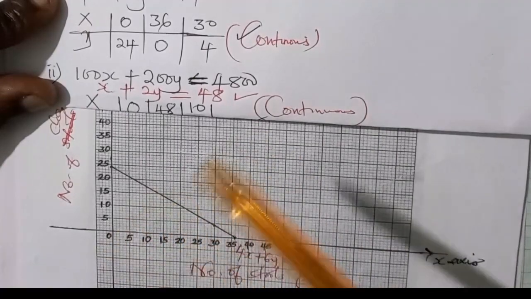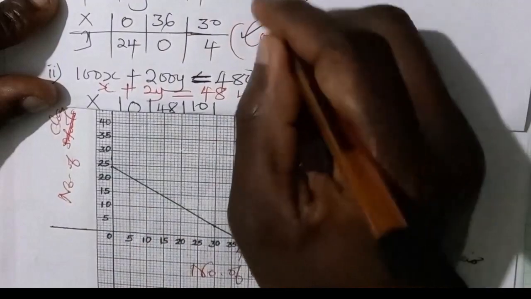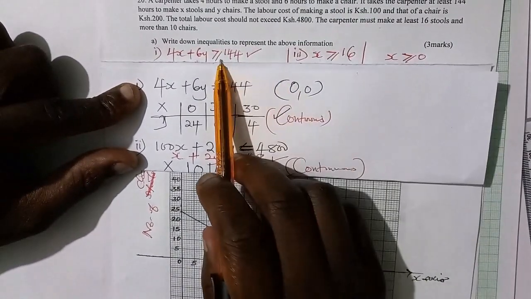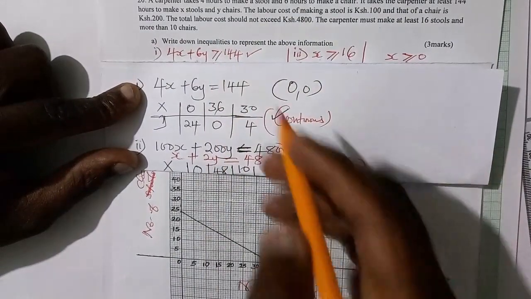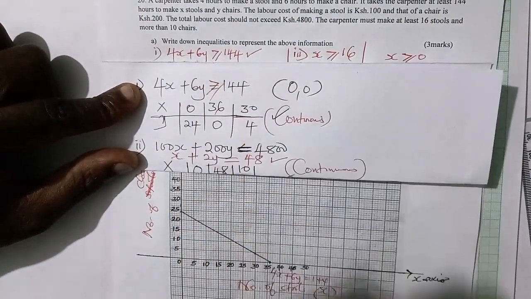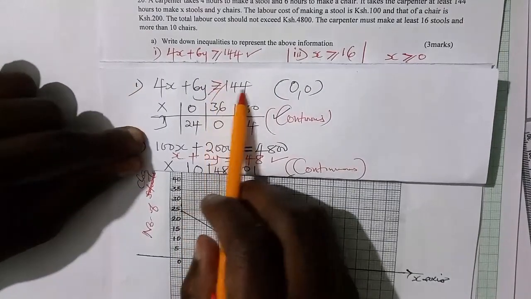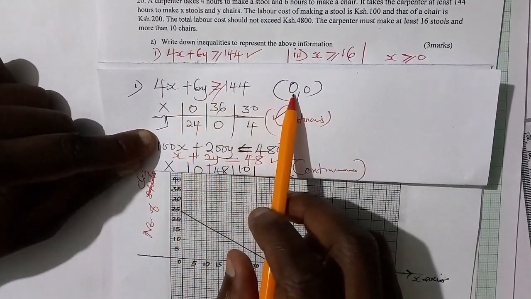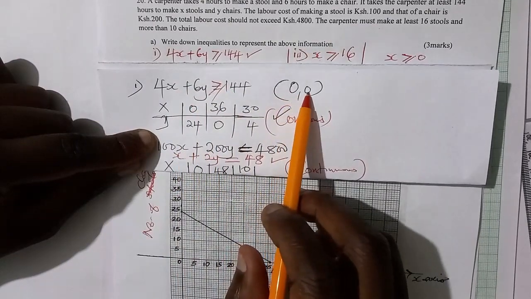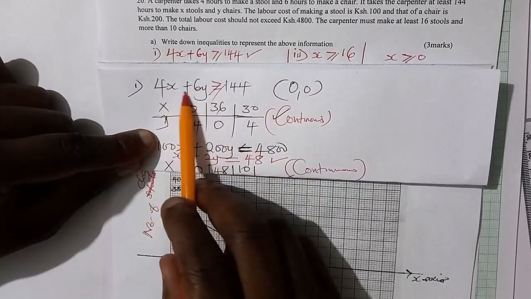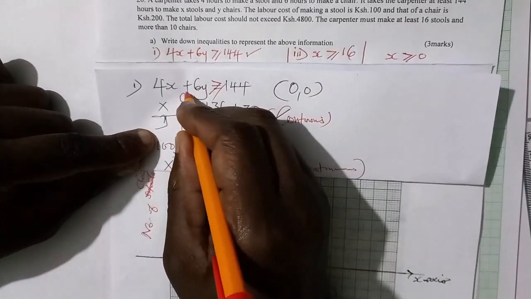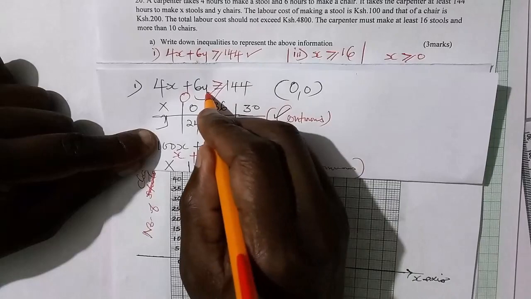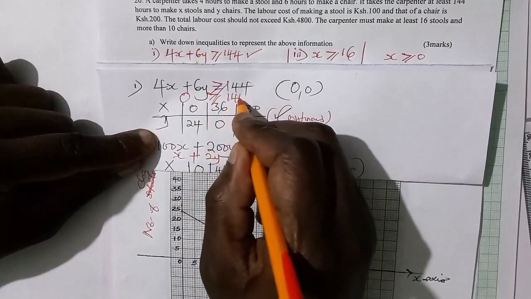0, 0 is on this side. Since the sign that we have here is greater than or equal to, in this inequality, just substitute x with 0, y with 0. You'll notice that the whole left hand side will be 0. So 0 is greater than or equal to 144.